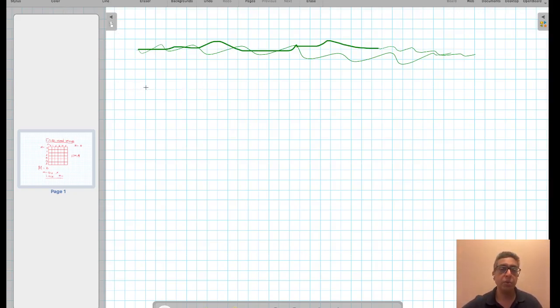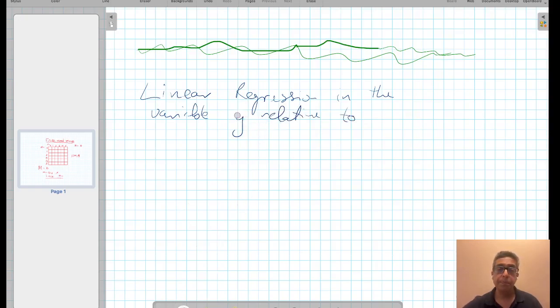Let's use measurements, because that's far more sensible in this context.